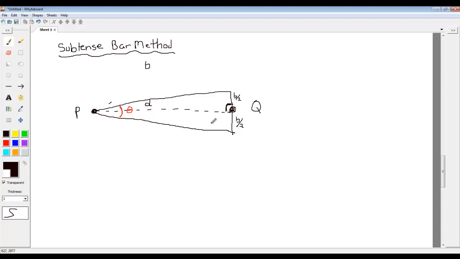Now let's say we know that theta is 2 degrees, 41 minutes, 38 seconds. And let's say we know that b, the subtense bar length, is 3.5000 centimeters.